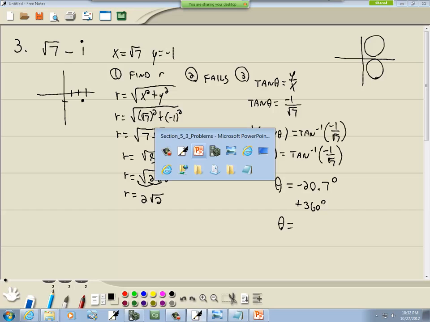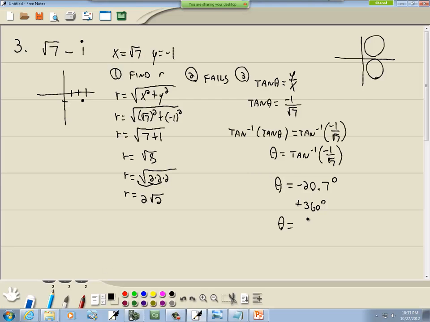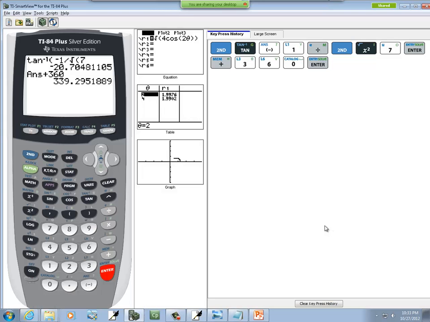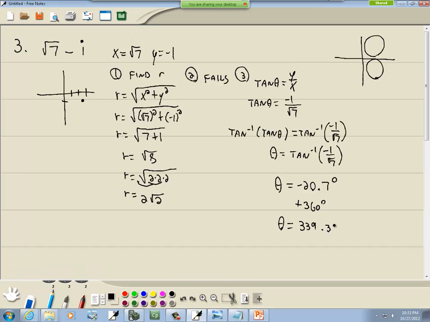Let's see. I already got this in my calculator, so let me just do plus 360, enter, and take it to 2 decimal places. 339.29, and then it rounds up, so 339.3, like that.